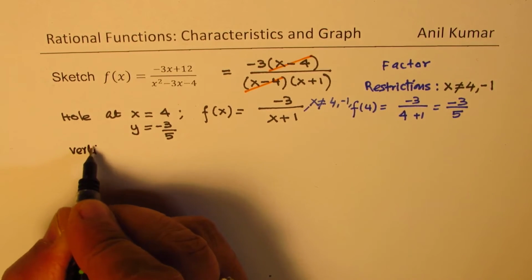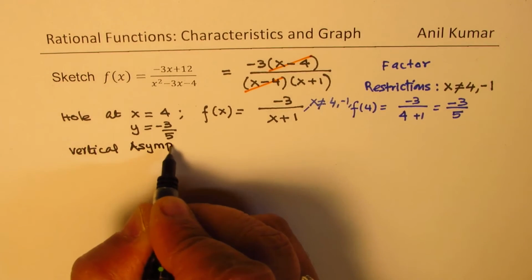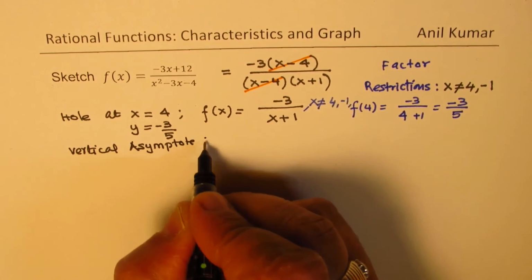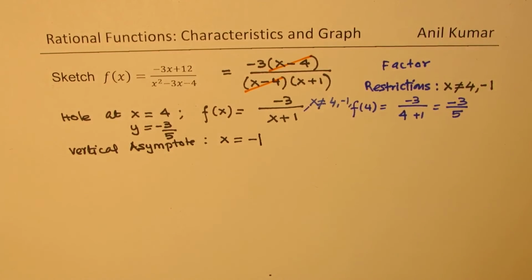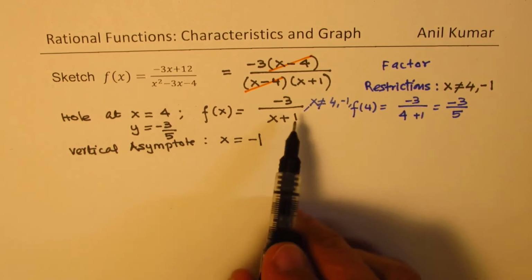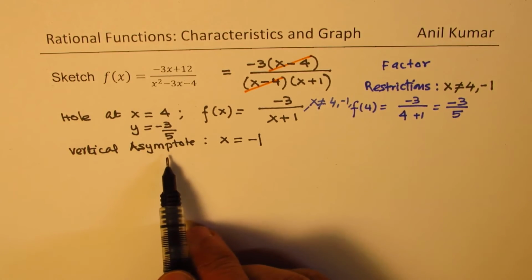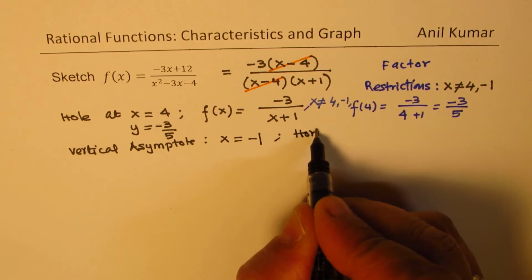So we get a vertical asymptote at x equals minus 1, right? That is the value which will make the denominator 0, right? Now once you have the hole and the vertical asymptote, we can go for the horizontal asymptote.